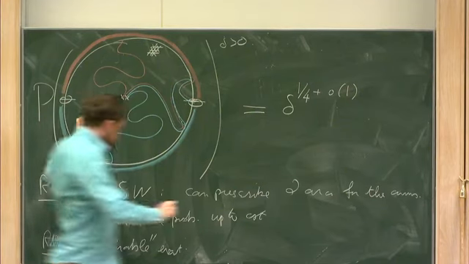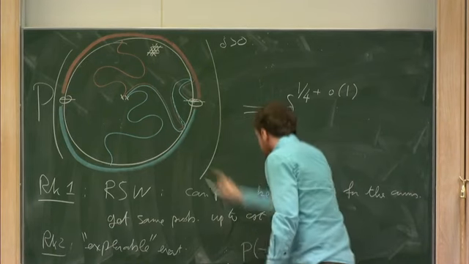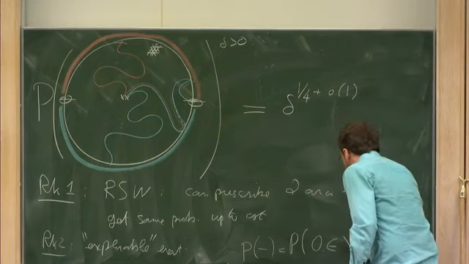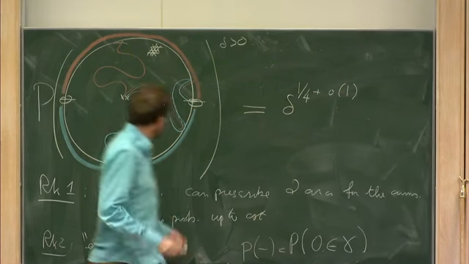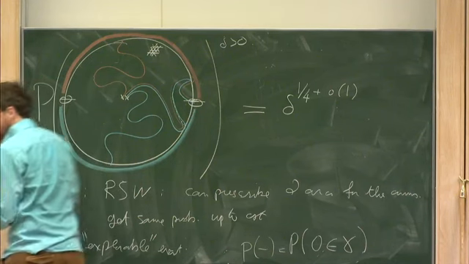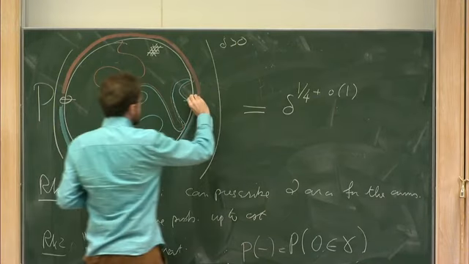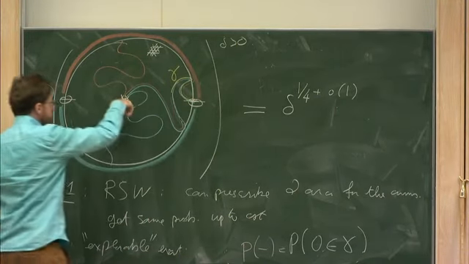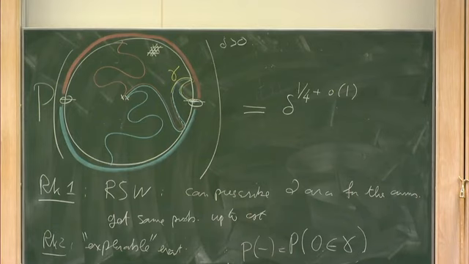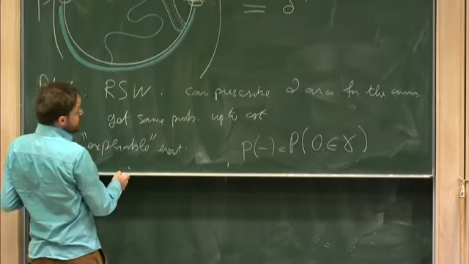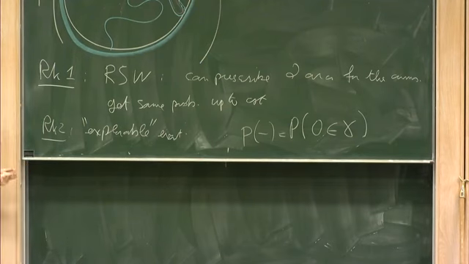So the probability of this event here is the probability that the origin is on the exploration process. Here gamma will be the exploration process. And this two-arm event is exactly the event that the curve gamma goes through the origin. So now we can start hoping to have something using SLE, because we know that as delta goes to 0, this interface gamma converges to SLE6.